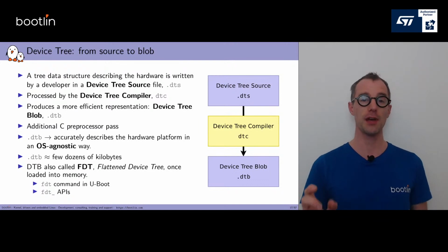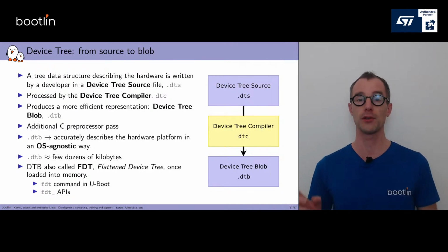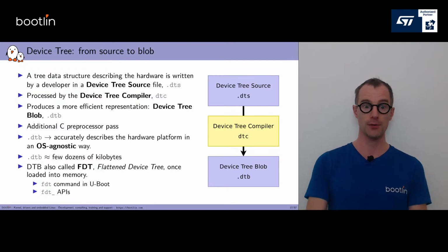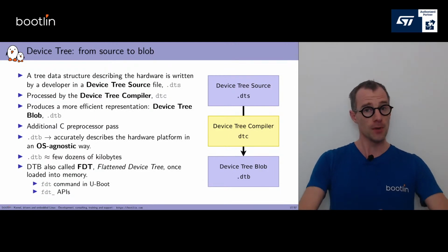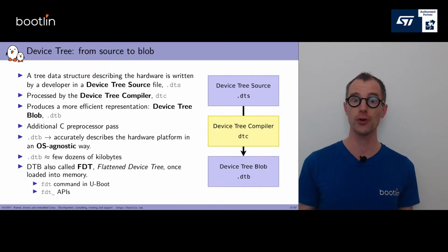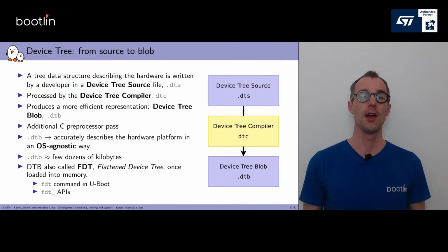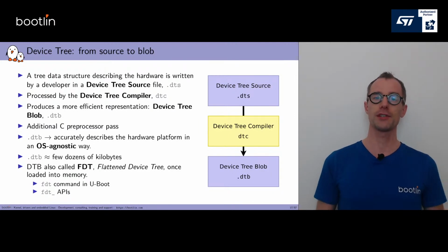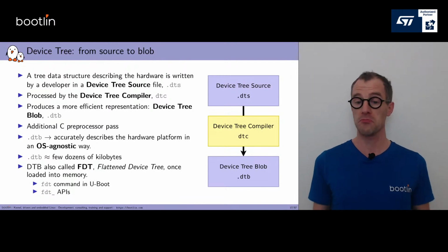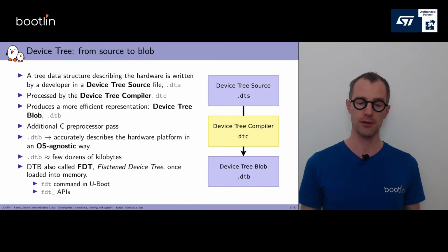It is not tied to a particular operating system. The device tree blob describes the topology of your hardware, what your SoC is, what it contains, what are the different hardware blocks, how they interact with each other, and what is on your board around the system on chip. To give you an idea, a typical DTB describing a board is around a few dozen kilobytes, so it's a fairly small representation, it's not huge.